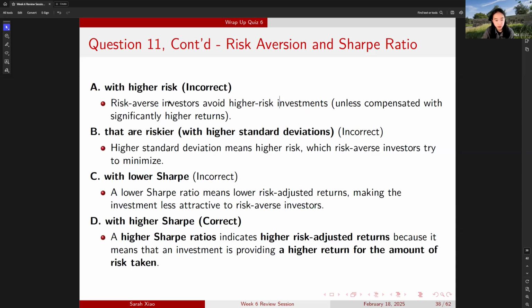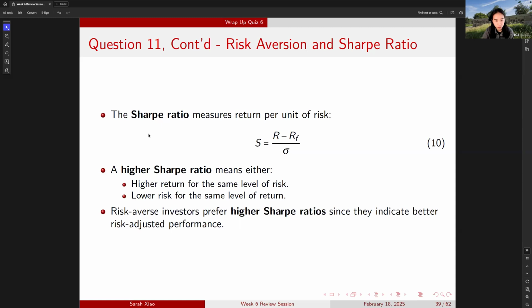So next, I want to make a quick note of the Sharpe ratio calculation. It measures the return per unit of risk, as we discussed. And a higher Sharpe ratio naturally means higher return for the same level of risk, and lower risk for the same level of return.